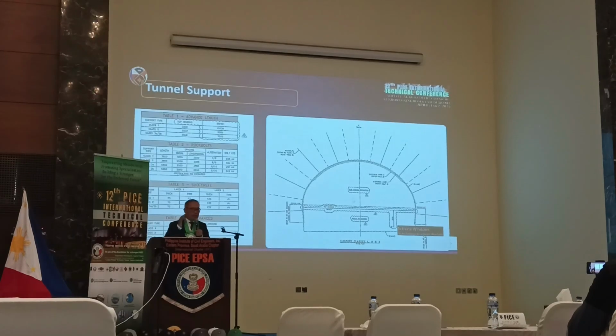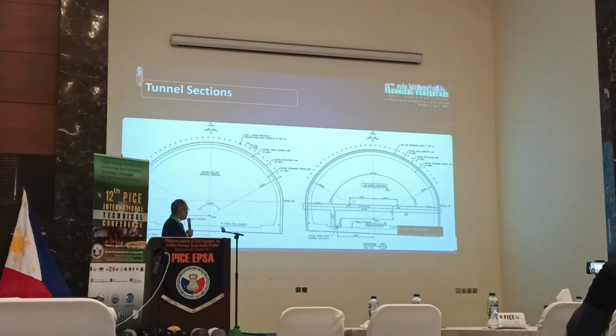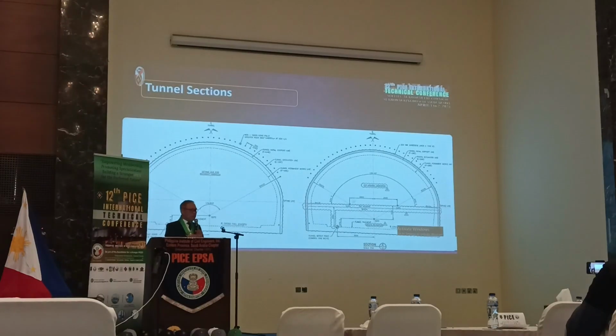During tunneling, you install convergence instrumentation just to measure if there is any deformation on the ground or misalignment or changes on the surface of the tunnel. And this is just a tunnel section with an illustration of the support system. The support system varies according to the condition of the rock formation.